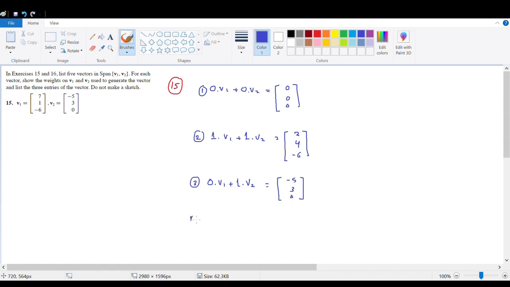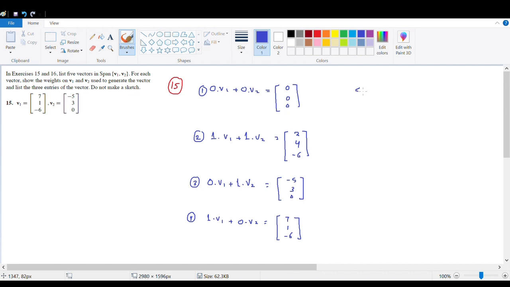Then if we write another linear combination, for example, 1 multiplied by v1 plus 0 multiplied by v2, this will give us the vector v1 only, which is 7, 1, minus 6.